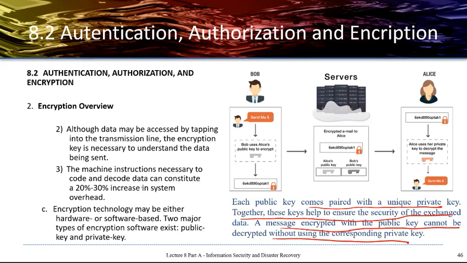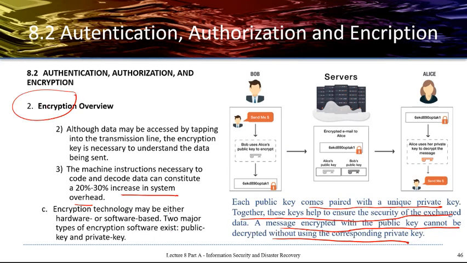The machine instructions necessary to code and decode the data can constitute a 20% to 30% increase in system overhead, because when you are encrypting, the CPU requirement goes up, and every packet has to be encrypted. So your processing capacity has to increase by 20 to 30% if you are using encryption, because encryption and decryption use processing power.